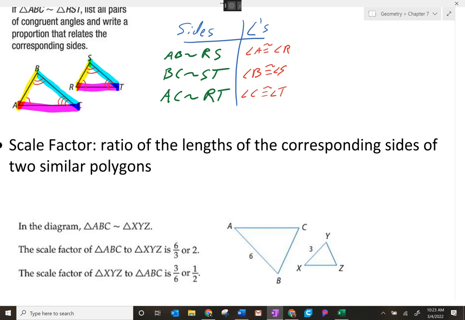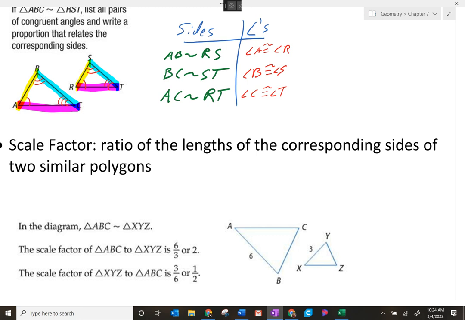Yesterday you guys were doing the same thing. We just didn't have pictures to go along with it. A scale factor is going to be the ratio of the lengths of those corresponding sides. Being able to understand which sides are corresponding is going to allow us to do this.